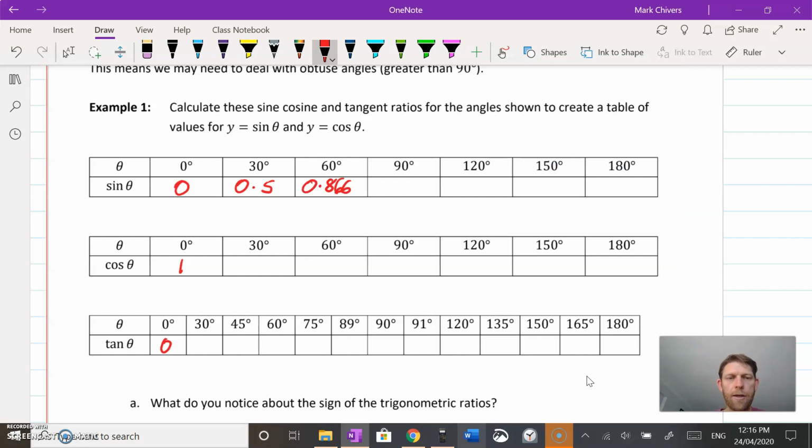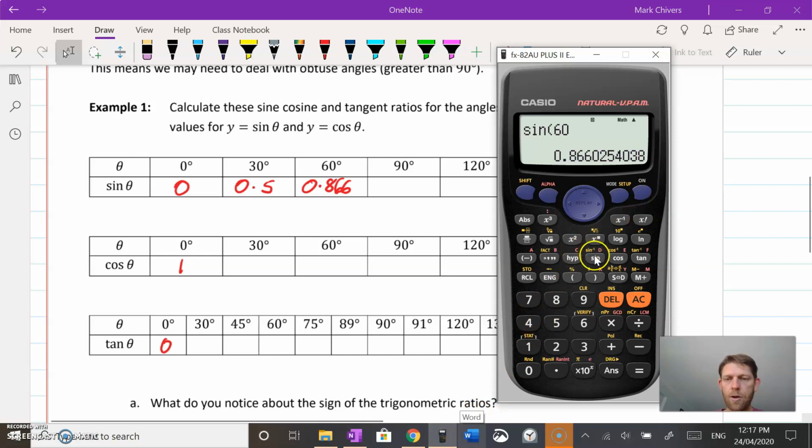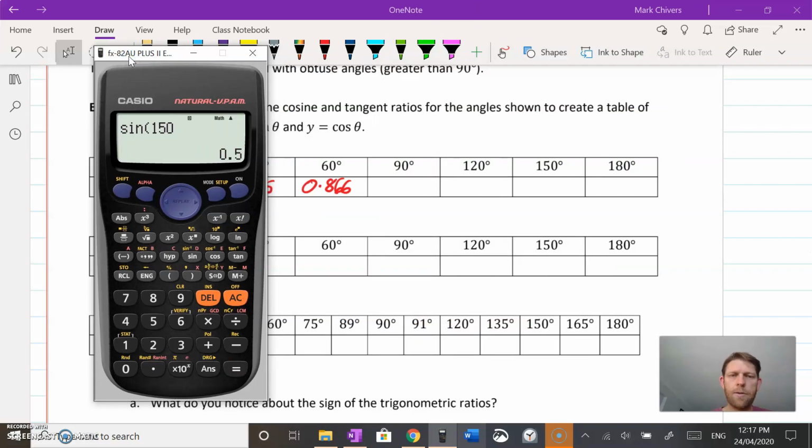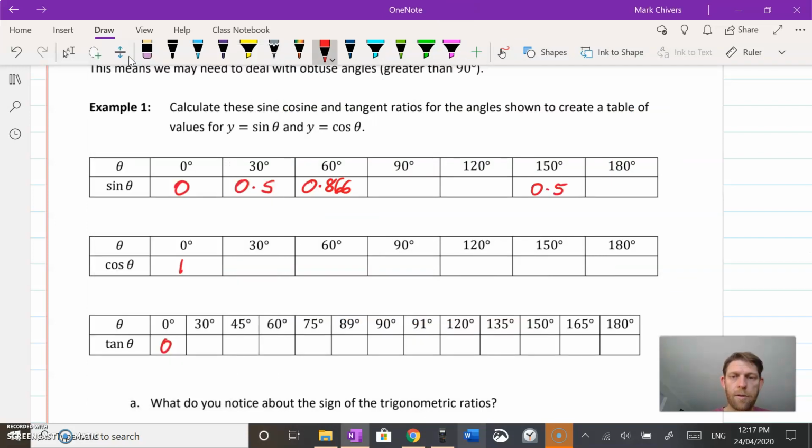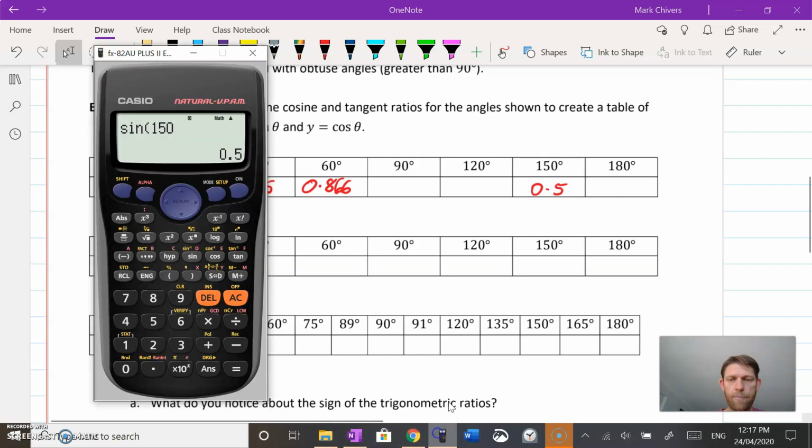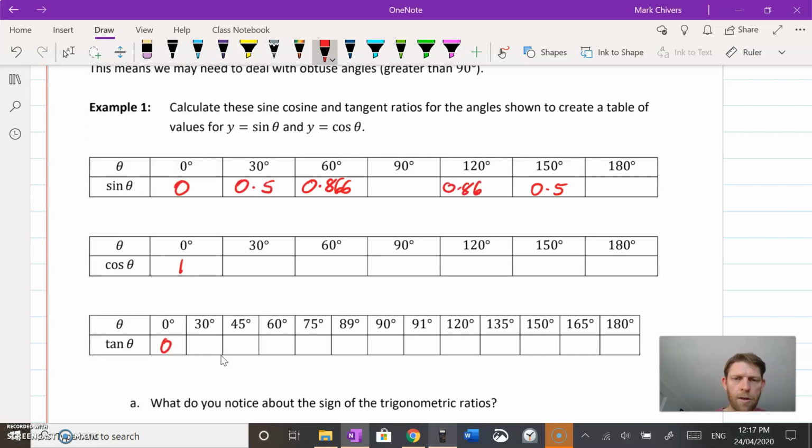Now, what I want to show you with that is that if I did sine of 150 degrees, that's 0.5, which is the same as 30 degrees. That's interesting. What if we did sine of 120 degrees? Oh, well, that looks a lot like sine of 60 degrees, so 0.866. And you might start to notice some patterns emerge.